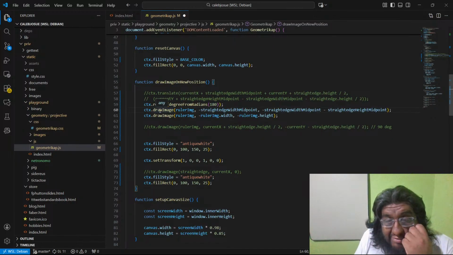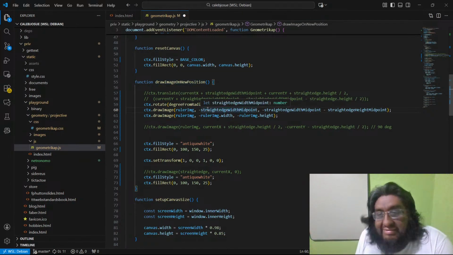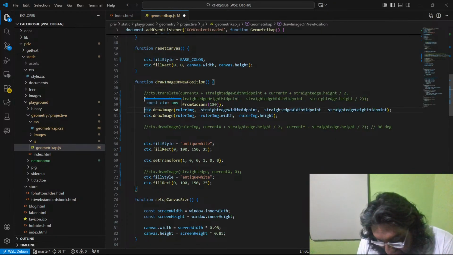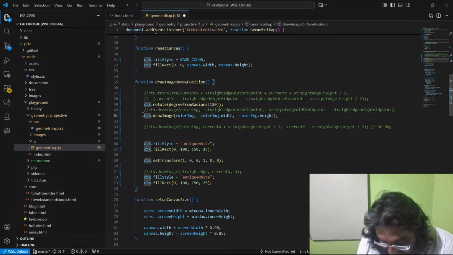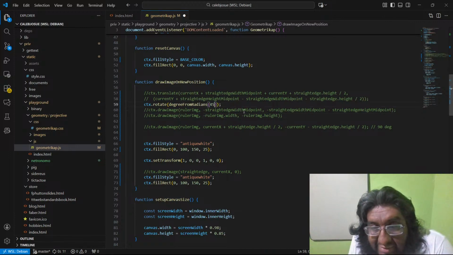Now let's try 45 degrees. So you can see that there is no such a thing as a formula in the way that we are setting up the thing. 45 degrees.